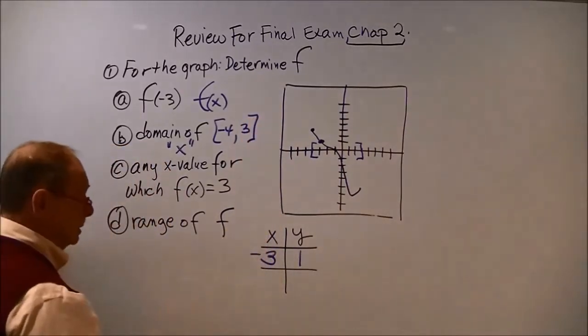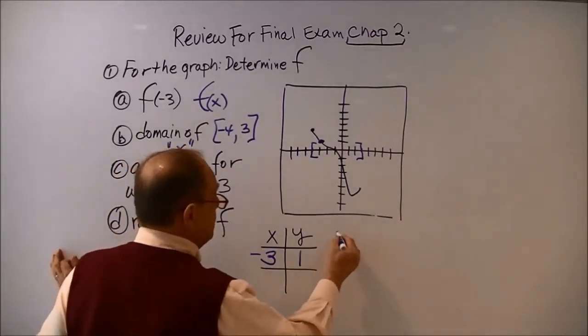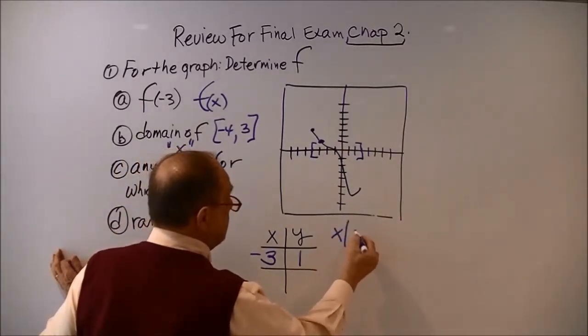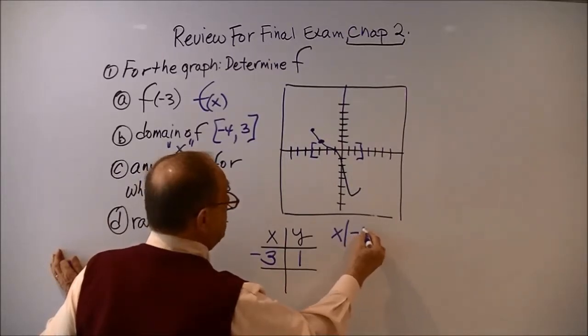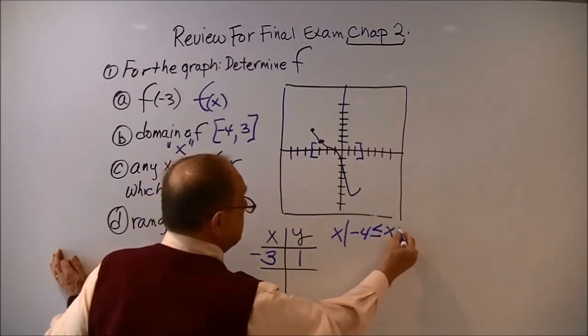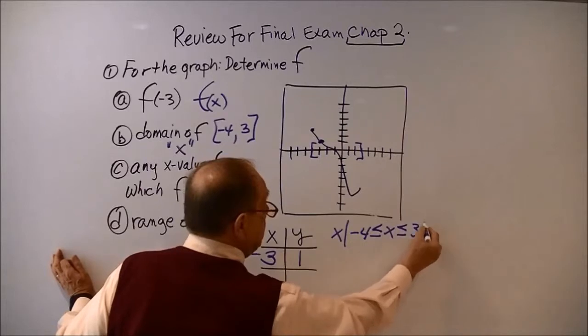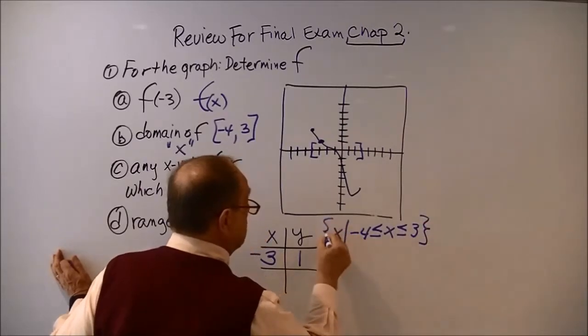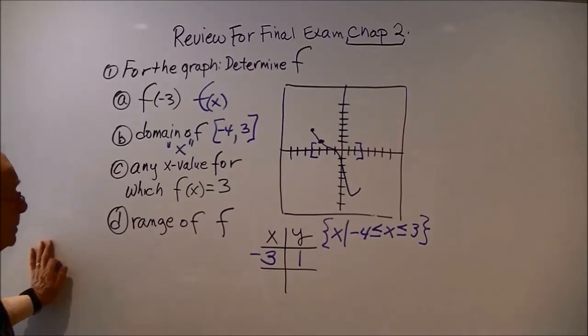And in set builder notation, we can do that one too. It would be x such that -4 is less than or equal to x is less than or equal to 3. So a couple of things that we've done throughout this term.